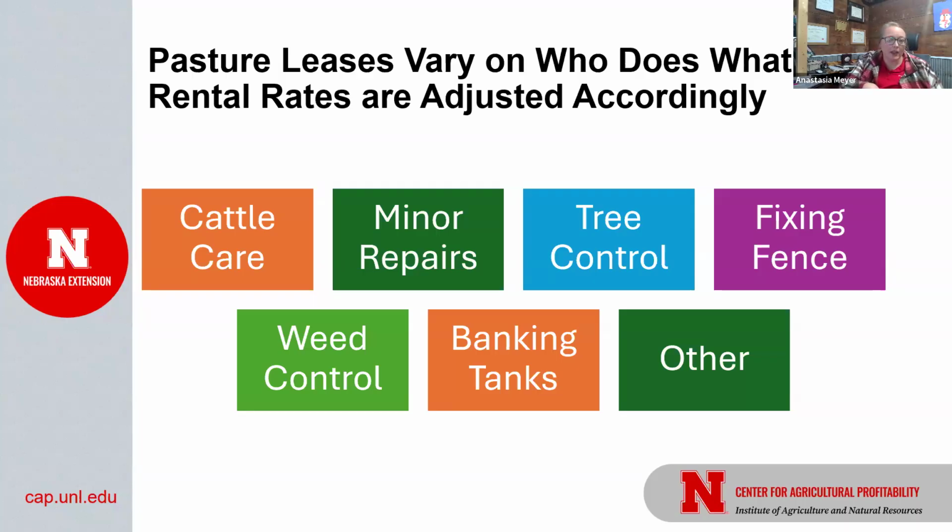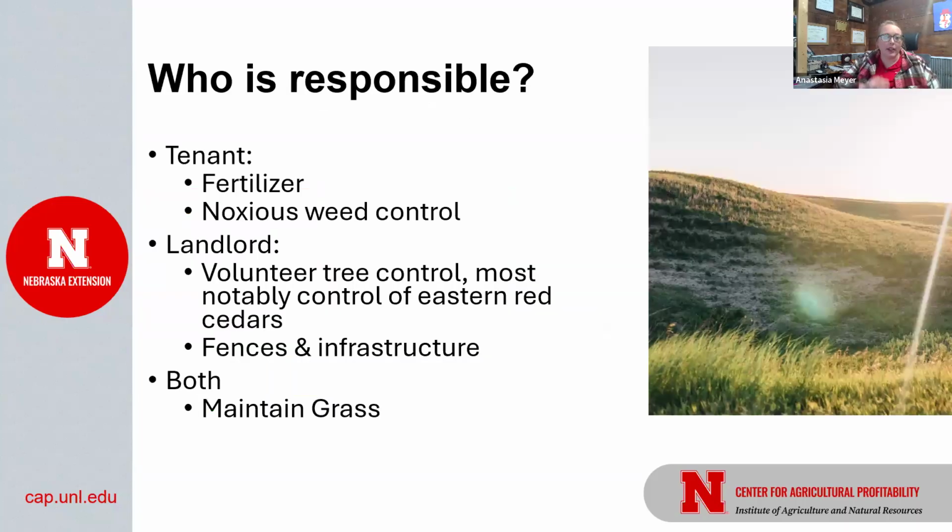But who does what for your lease? Again, you guys can decide whatever you want to. It's going to come down to whatever you guys agree upon. But really, kind of who is the general rule of thumb responsibilities? The tenant, if you fertilize your pasture, the tenant's going to pay for that as well as any probably noxious weed control, they generally do the labor.